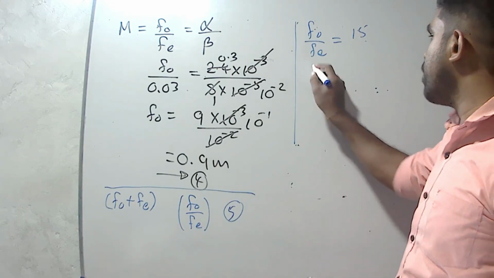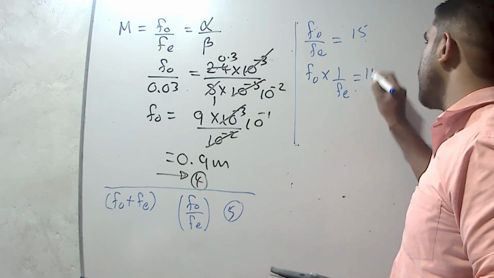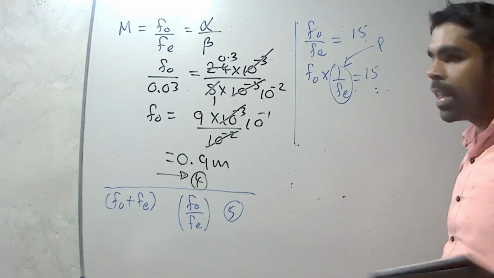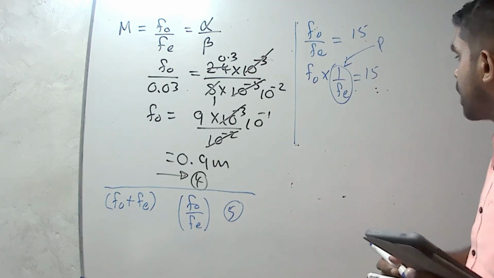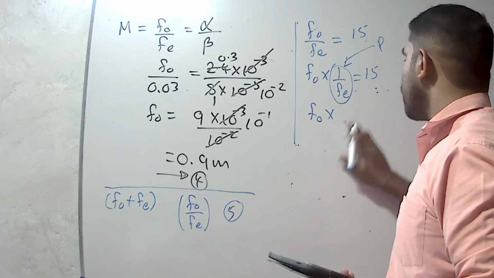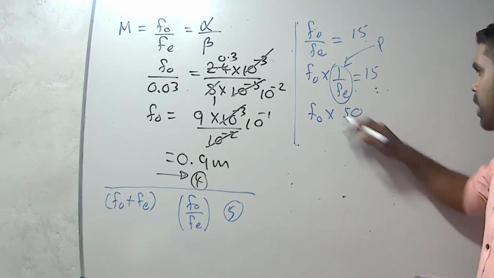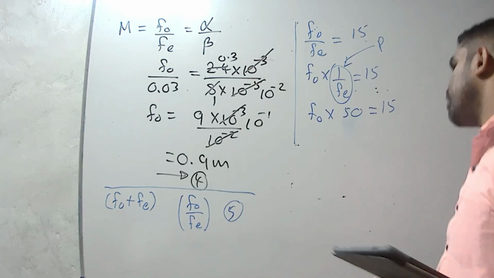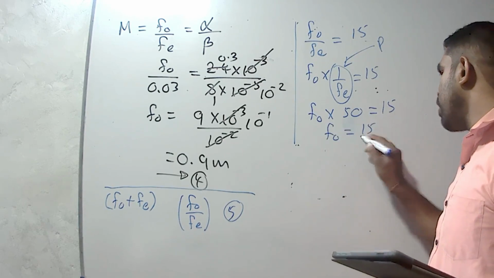Power of eyepiece means 1 over fe, but we have to consider that when getting power in diopters, we have to use focal length in meters. Then f naught into 1 over fe, which is 50 diopters, should be equal to 15. Then we can obtain f naught is 15 over 50.